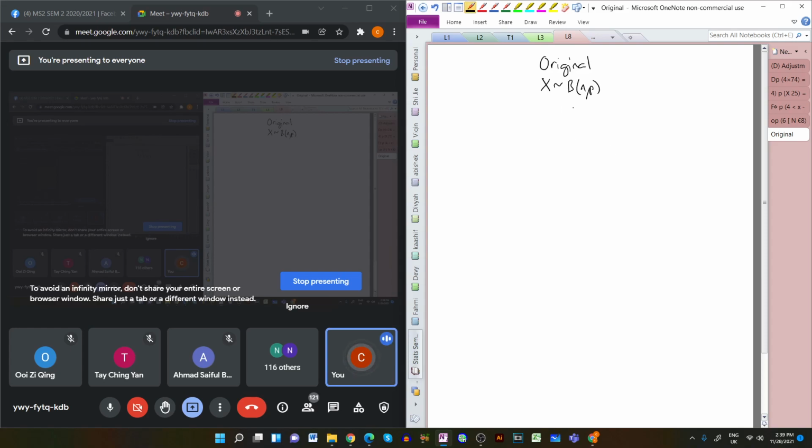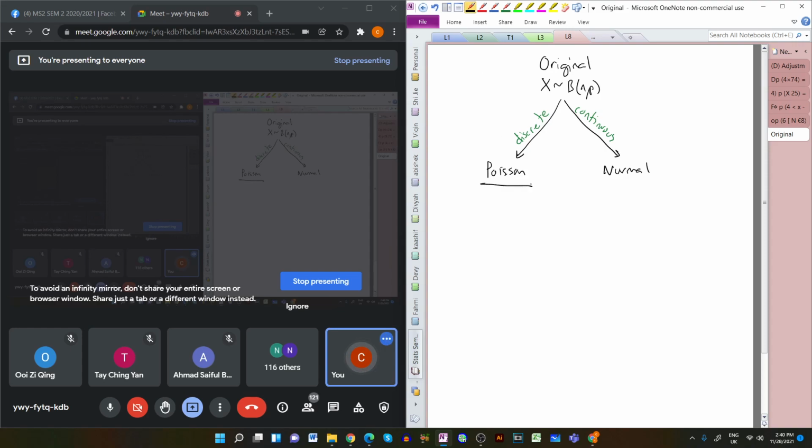This can be approximated to another distribution, namely Poisson and normal. It's just that Poisson is discrete and normal is continuous, the variables.